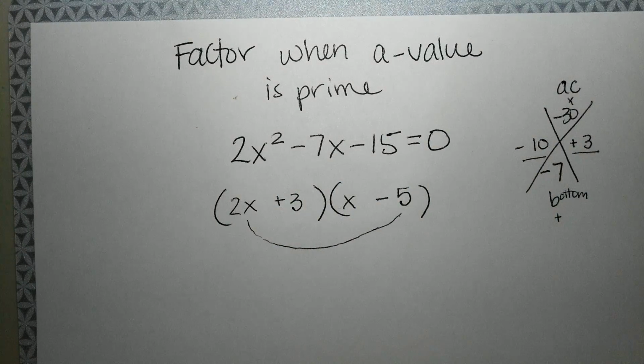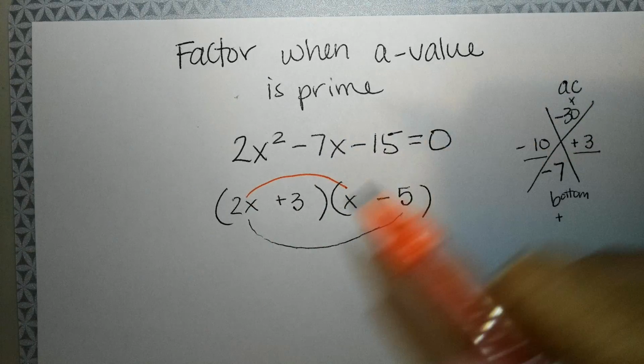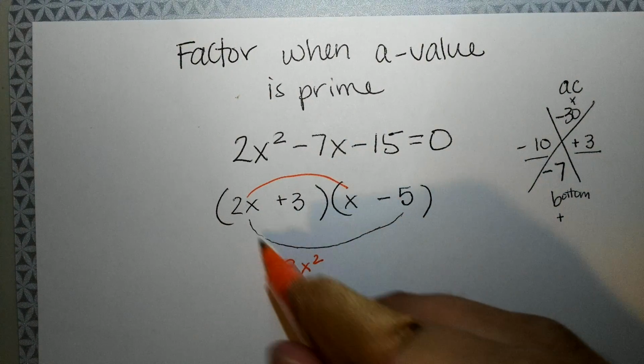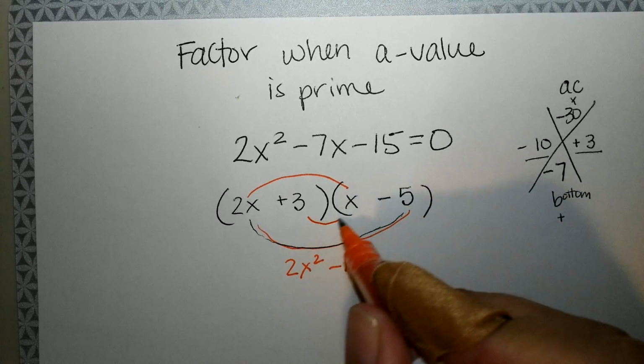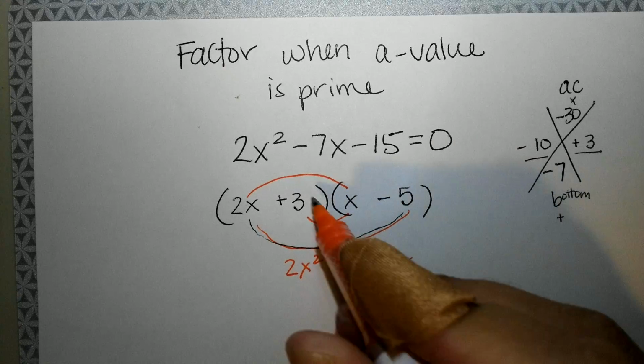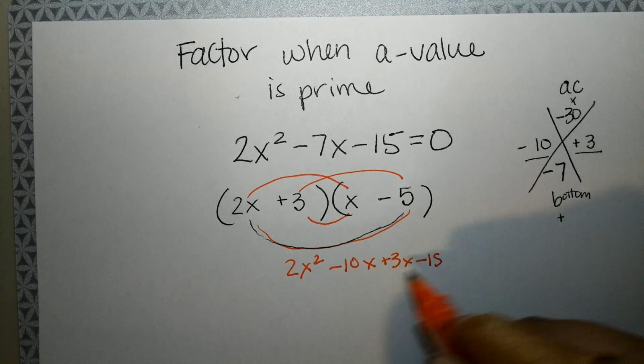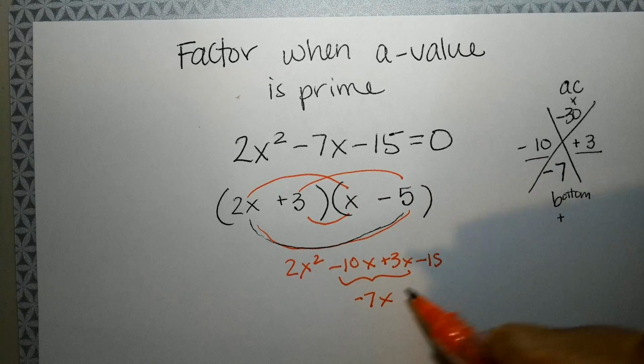And to double check our work, we've got 2x squared, our negative 10x, positive 3x, and then negative 15. And remember, this gives us our negative 7x.